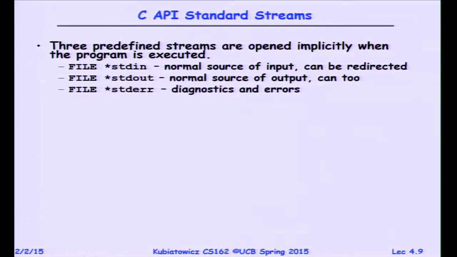So standard streams, we mentioned this last time very briefly. Sorry if this seems like repetition. I just wanted to make sure that we didn't go through it too fast. But there are some predefined streams that are defined for every process. They're standard in, standard out, and standard error. And these streams are basically, if you don't do anything else, the console input, the console output, and the console output but for errors.